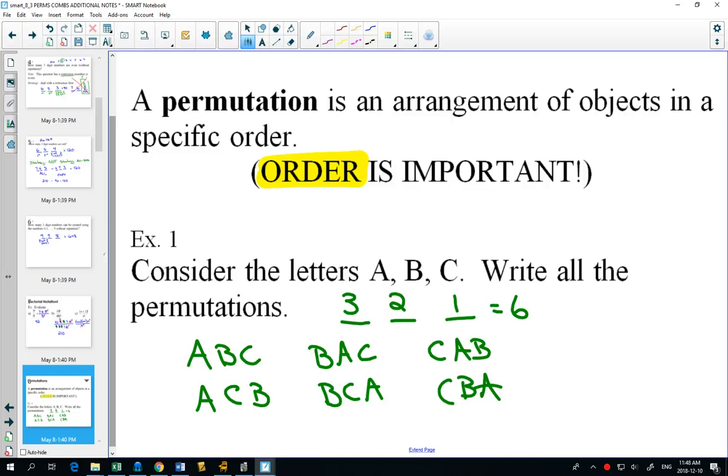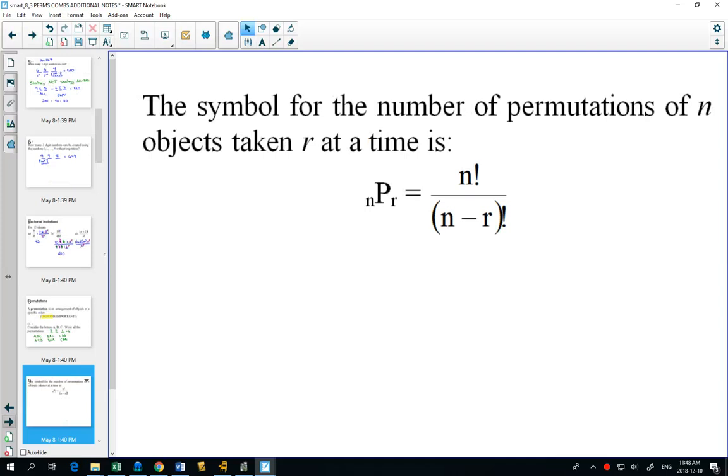There are all 6. It's not very often that an exam question would get you to list something. Instead, they ask how many there would be. We've seen our formula, and this formula is on our formula sheet.